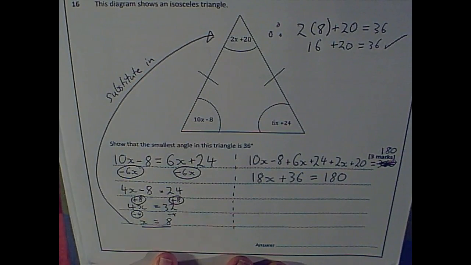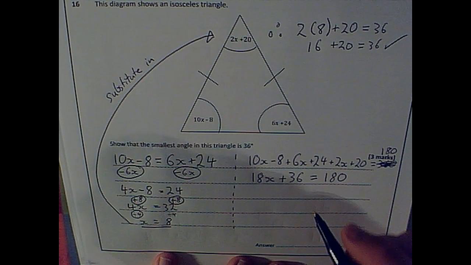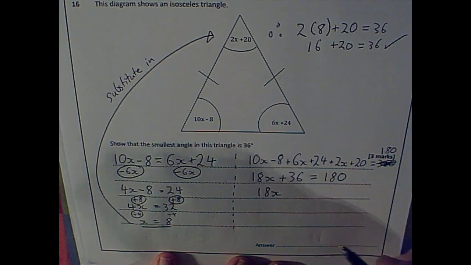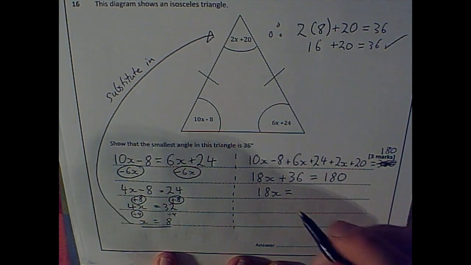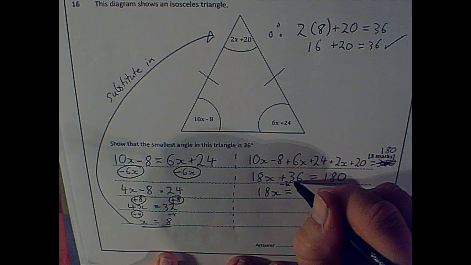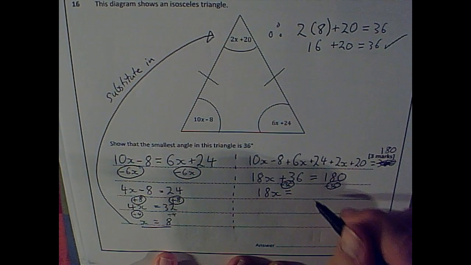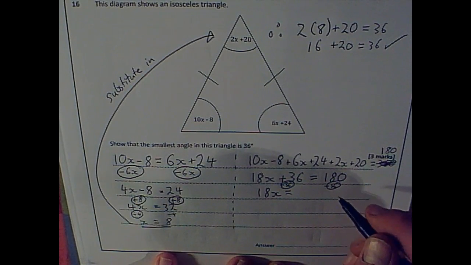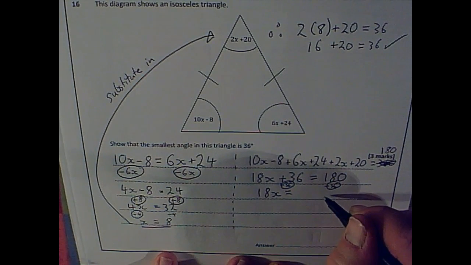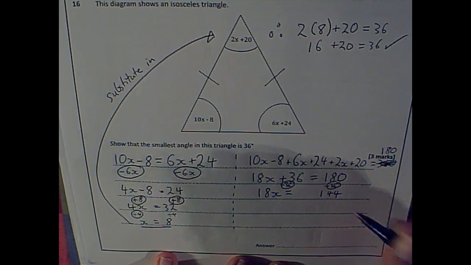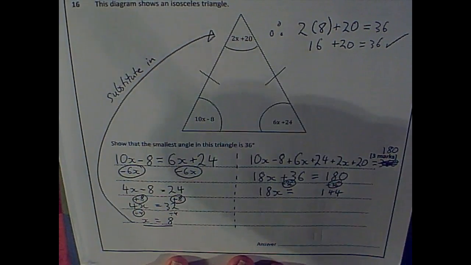Okay. So now I'm just going to continue to solve this. I'm going to subtract 36 from both sides. 18x equals 180 take away 36, which is 144. And then I need to do 144 divided by 18.